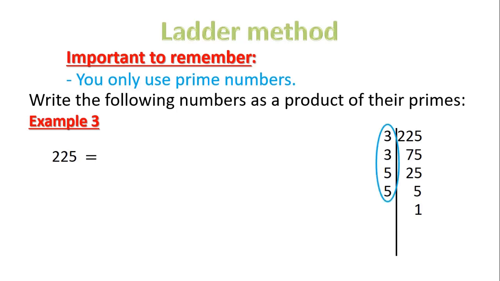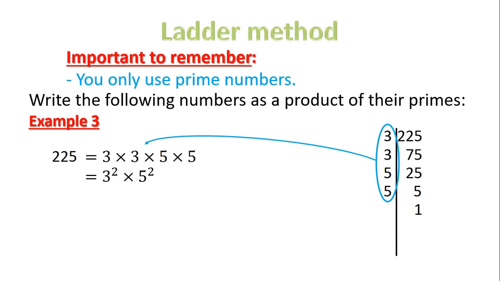Again, we take all the numbers that we were dividing by, we put them just after the equals, and we multiply them by each other. And so we have 3 times 3 times 5 times 5. Now if we want to put that in exponential form, that gives us 3 squared times 5 squared.